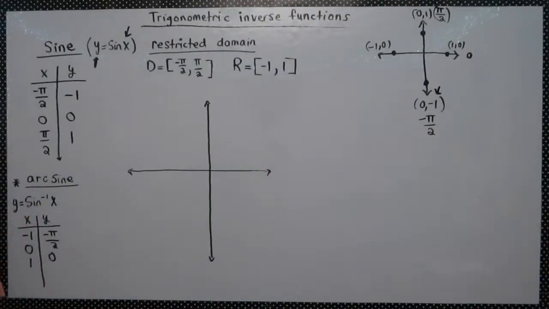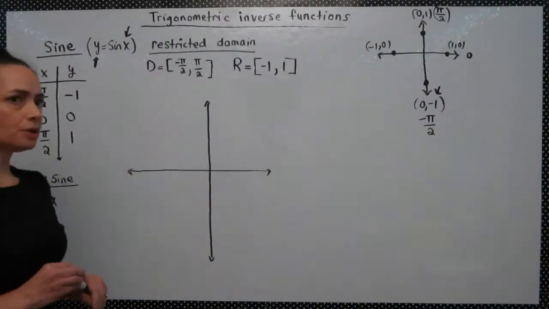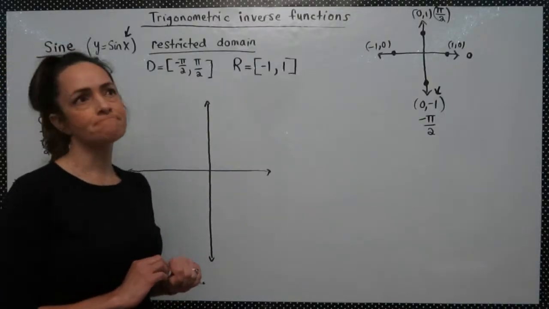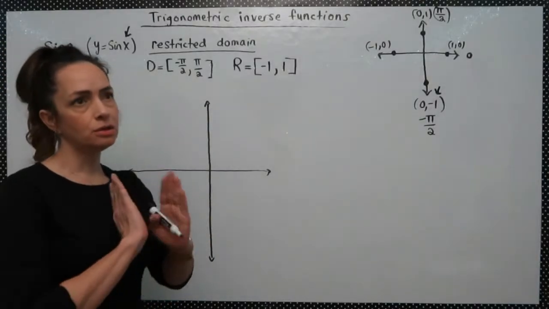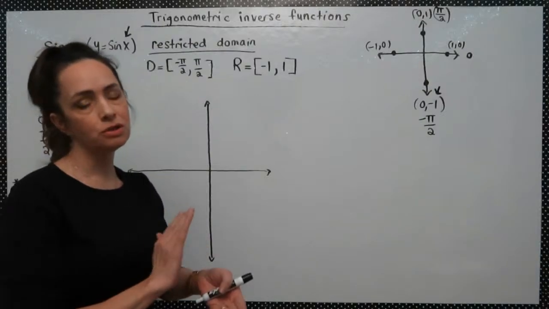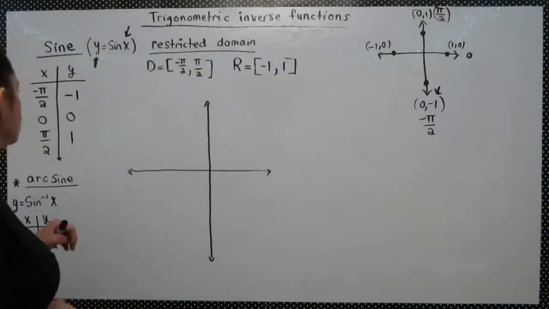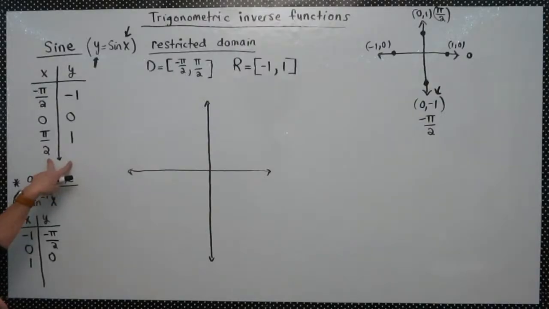And recall what we know about inverses. Essentially, they have a unique relationship with their original function where you're literally just swapping out the domain and range. And what that boils down to is just switching out. If you have a table, you would just switch out your values in your table.